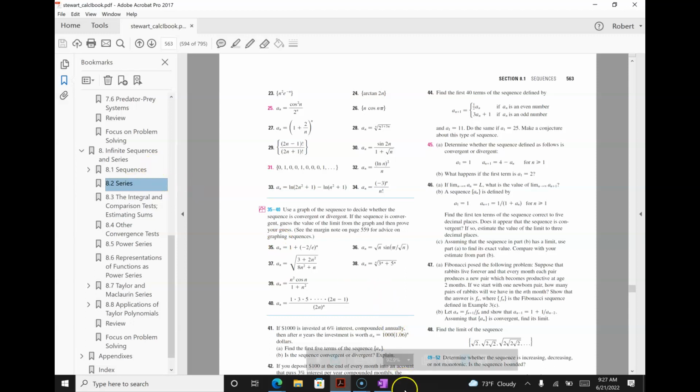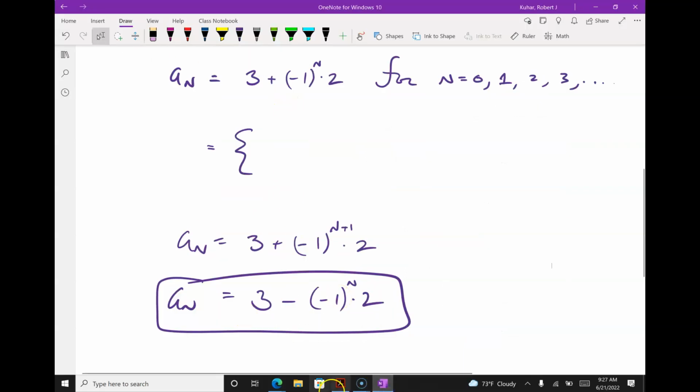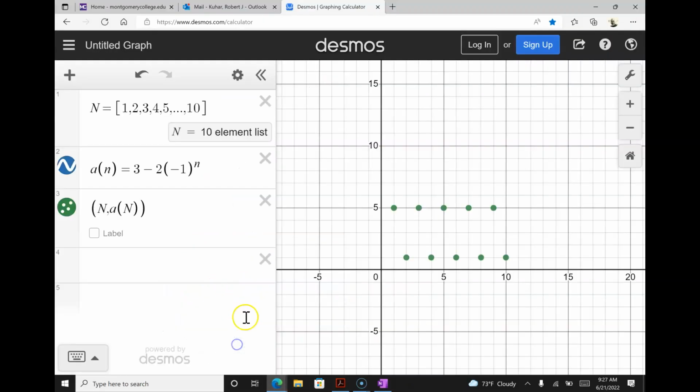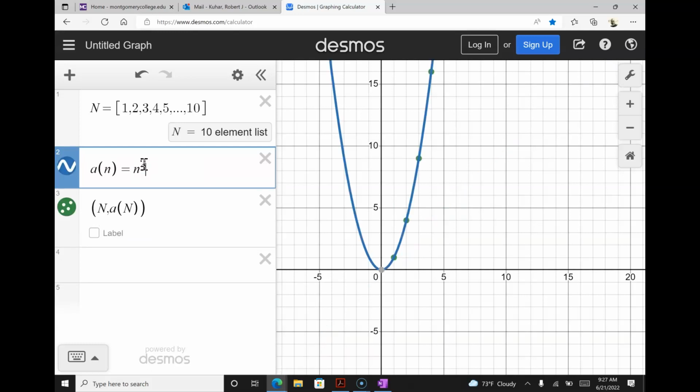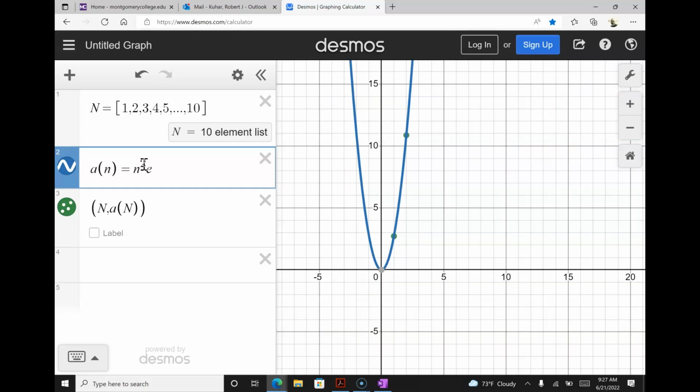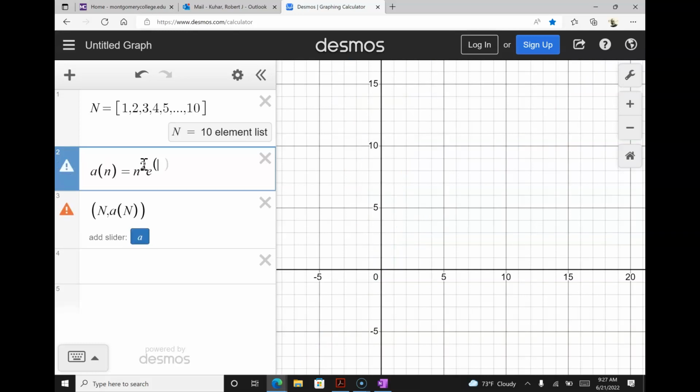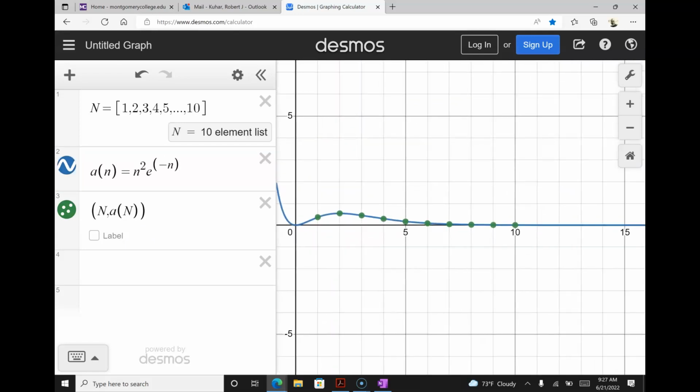So I've got n squared e to the minus n. Not much different than me looking at the actual function and deciding if this is going to converge or not, right?